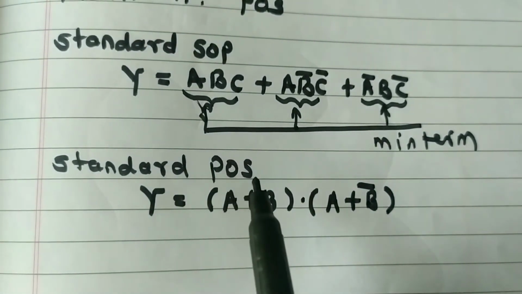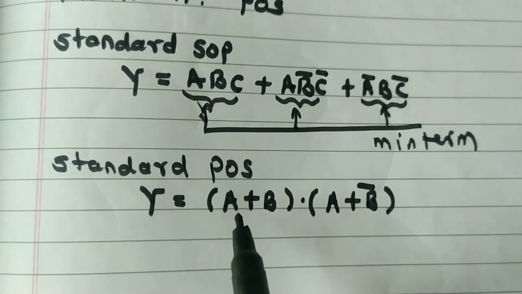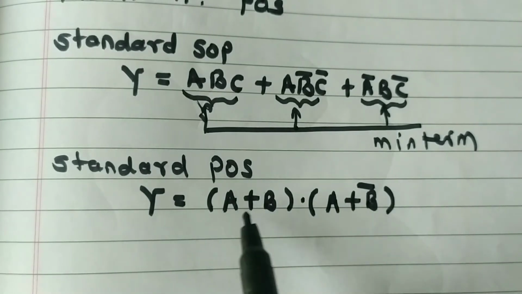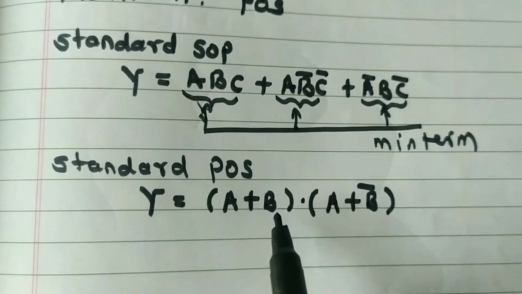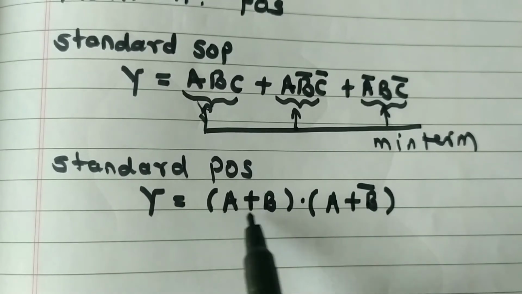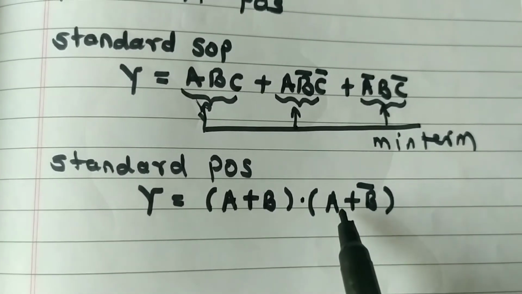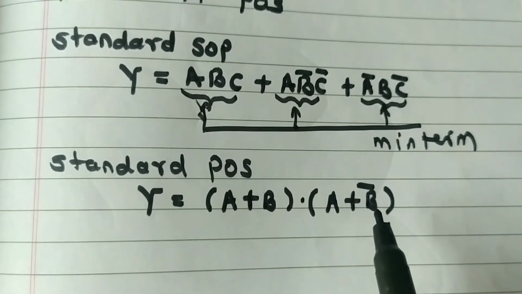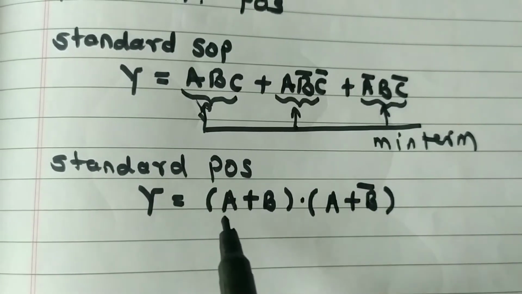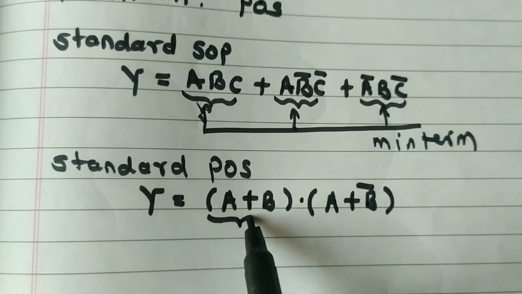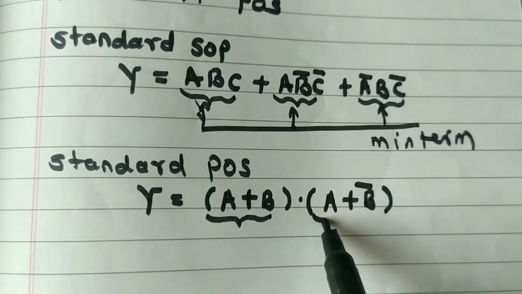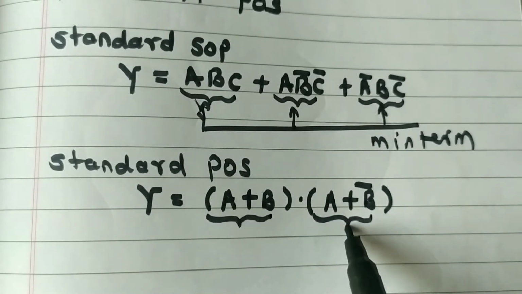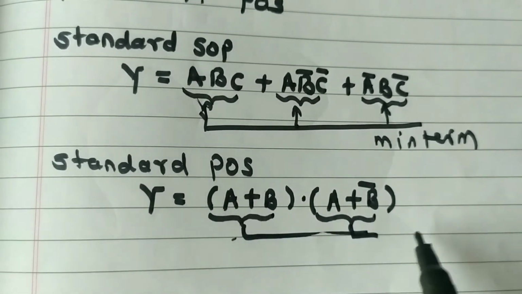Since this equation consists of two literals, or two input variables, each sum term contains every variable in complemented or uncomplemented form. So in this standard equation, a plus b and a plus b bar are the maxterms.